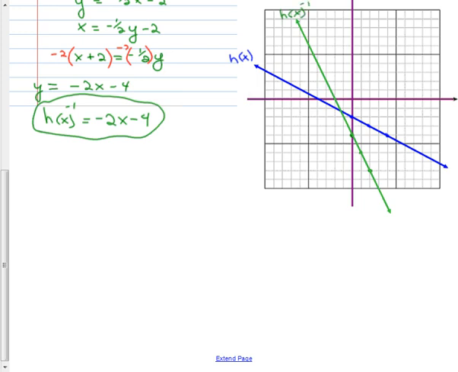Negative 1 up there. I'm going to draw, they didn't ask us to do this, but I'm going to draw that line y equals x. And notice these are reflections of each other. That blue graph and the green graph, if I rotated them or reflected them across that dashed line, y equals x, they would form the other image.